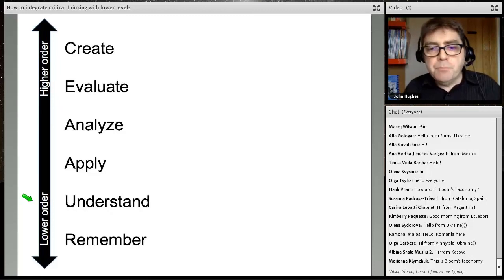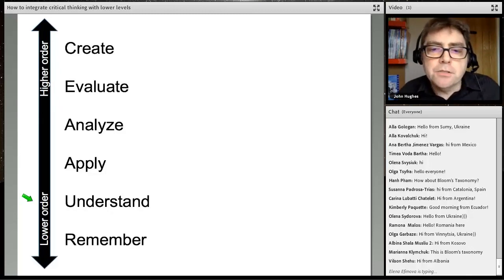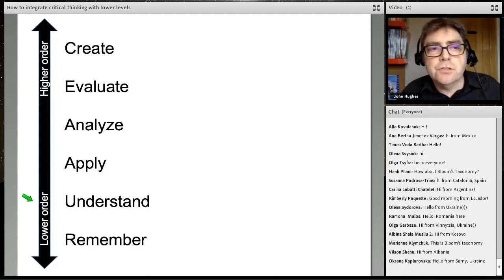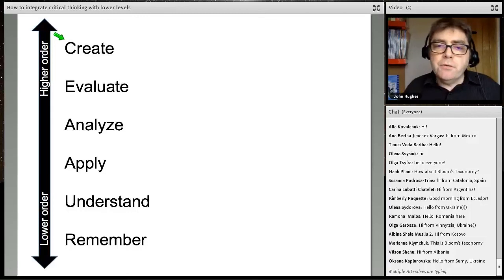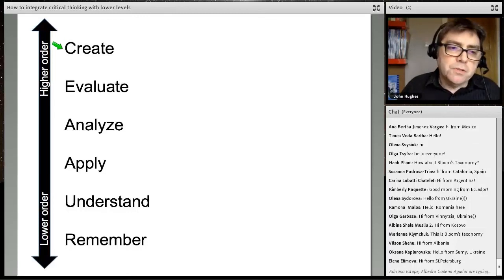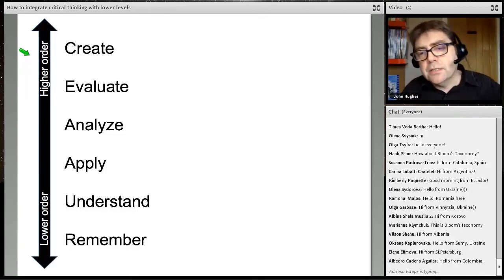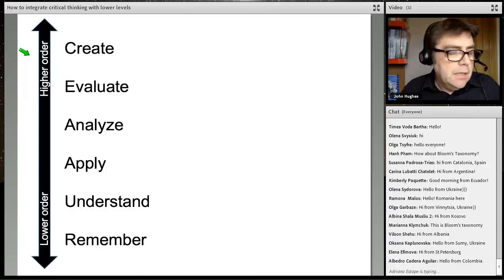We think we can play around. For example, I could start a lesson by asking students to do something very creative, and then perhaps I could ask them to read a text or learn some new vocabulary and then do other things. So I don't necessarily always start at the bottom and finish at the top. I can do things in different orders.